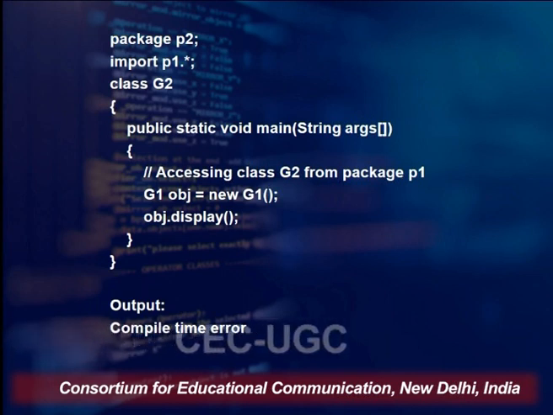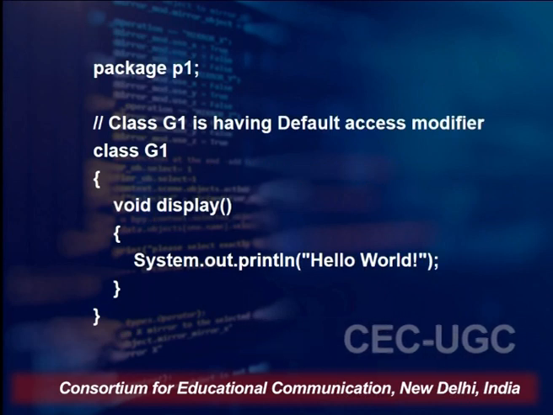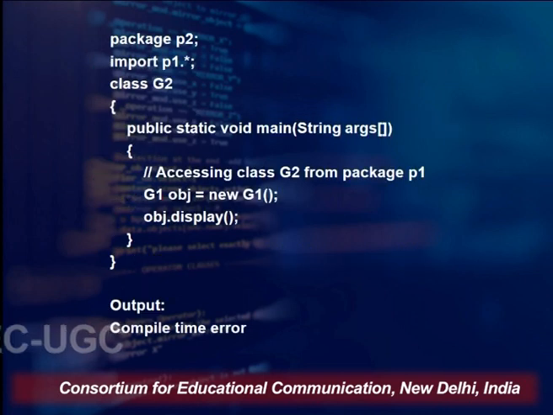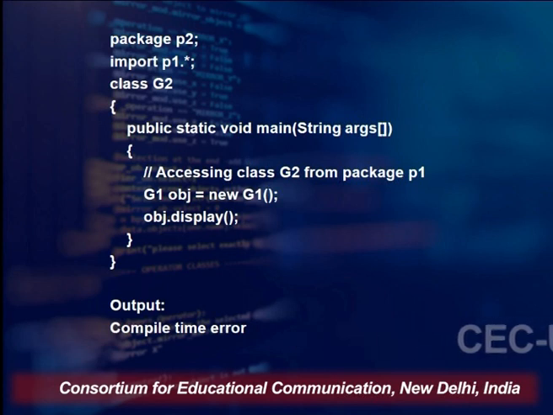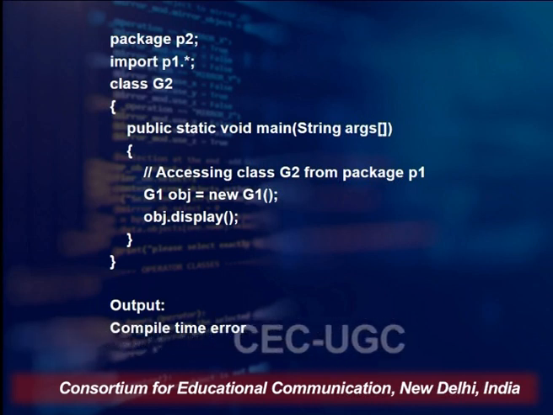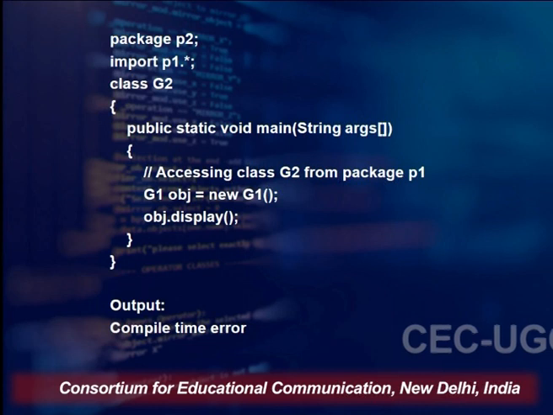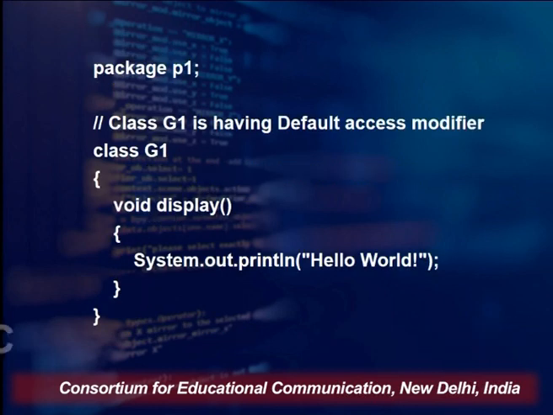Originally this G1 is inside this package P1, and now we have defined P2 in which we have defined one more class G2, and that G2 is trying to access G1. So this is not going to work, and it will produce a compile time error, giving us a proof that your default access modifier is about accessing the members within that package only.